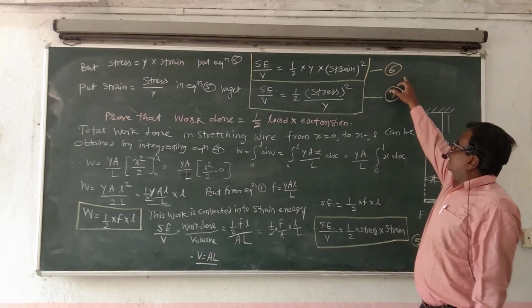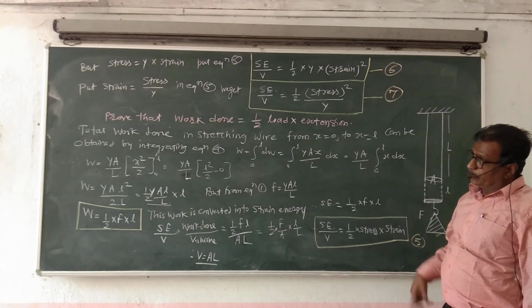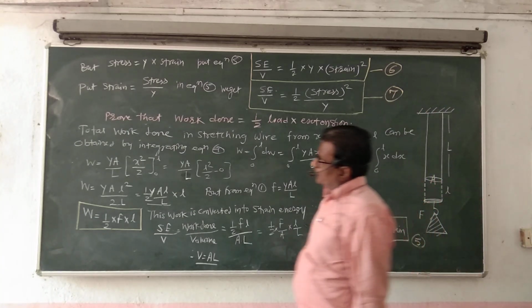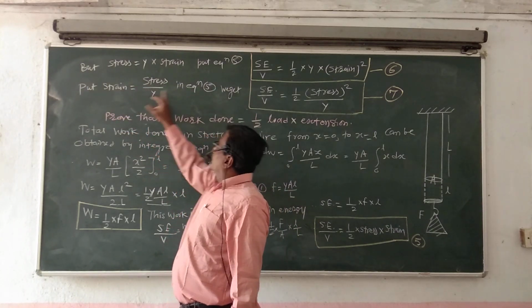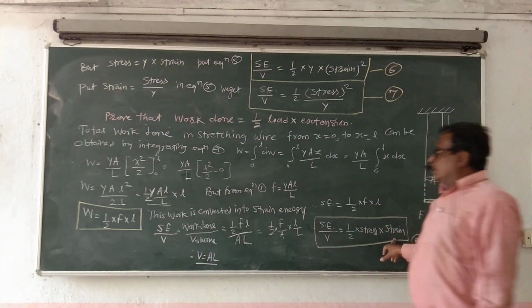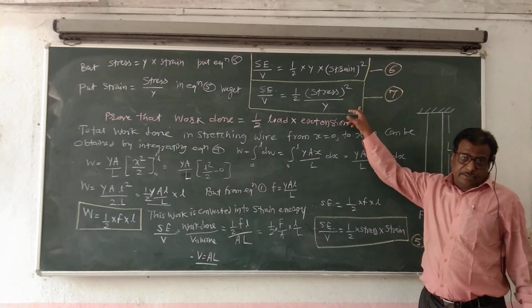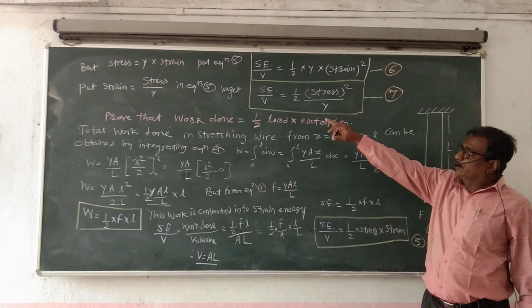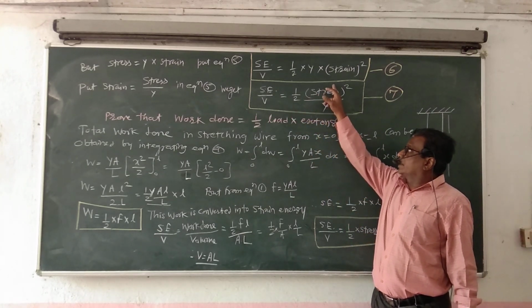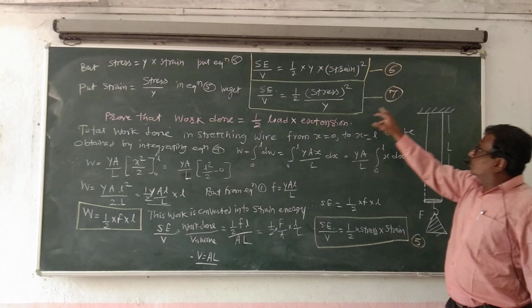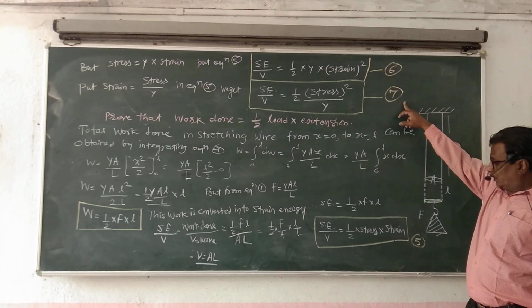Call this equation number 6. Similarly, if we substitute the value of strain equal to stress upon Y in equation number 5, we get another equation, that is strain energy per unit volume is equal to half stress square divided by Y. Call this equation number 7.